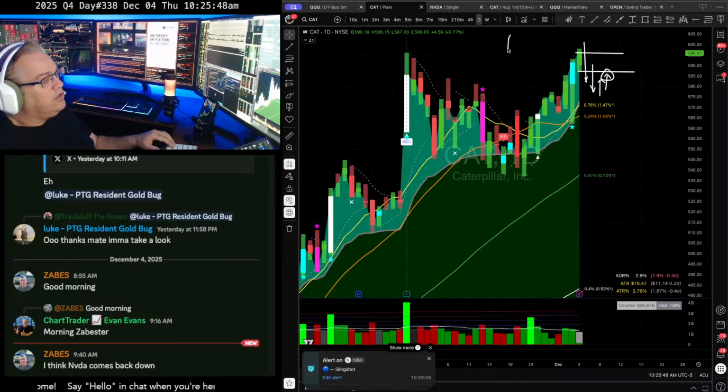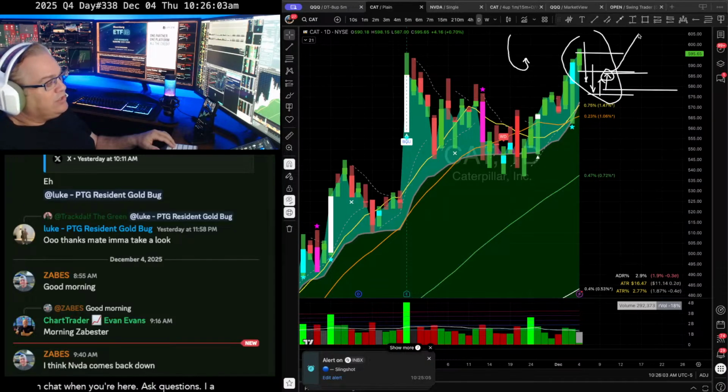That's the fish hook, like that, and that would be the entry. And at that point, you can put your stop below the pivot low or the low of that day, and get the same exact risk unit. You've been patient, and you'll be rewarded for your patience. And then it takes off from there, and it's a lot less risk and a lot more reward, especially on the probability side.